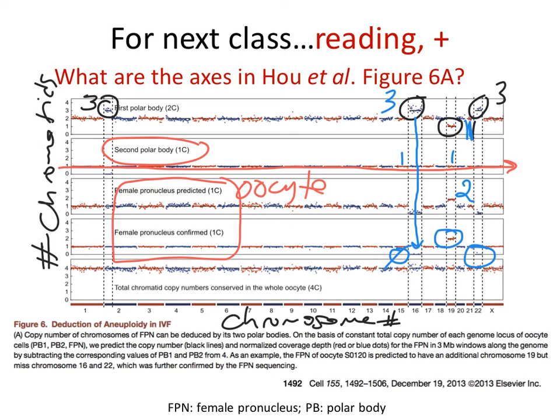Is there a way to detect aneuploidy in sperm, or is it just the oocytes? Yeah, great follow-up question. So what's the problem with sperm? Sperm make 4 functional products, but there's another difference we haven't talked about between oocytes and sperm.